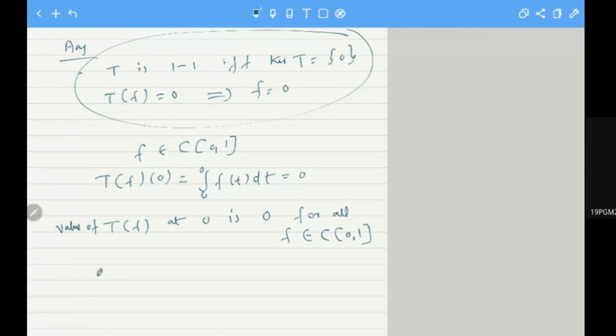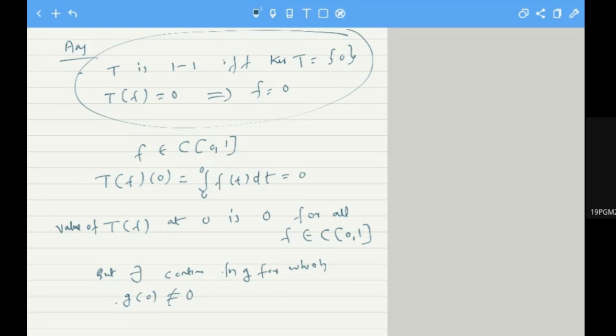But there exists a continuous function g for which g of 0 is not equal to 0, right?